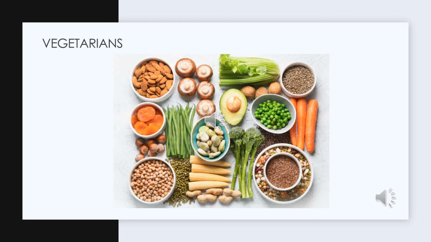Some will eat just cheese, no eggs. So it really depends on what type of vegetarian they are. If someone comes in and you're admitting them, they tell you that they're a vegetarian, you really need to know specifically what they can and cannot eat, to try to support them in getting the best protein that they can out of the foods that they do take in.